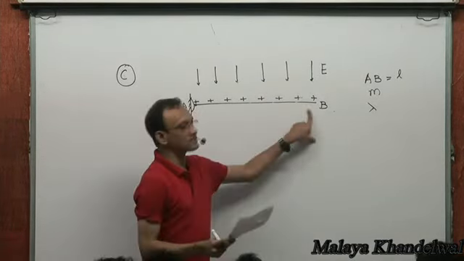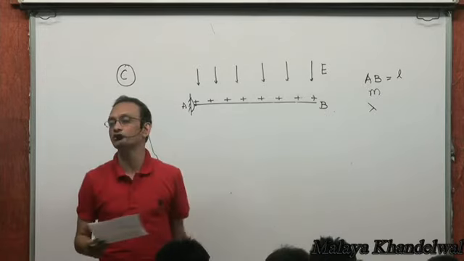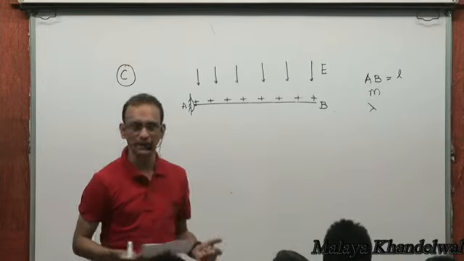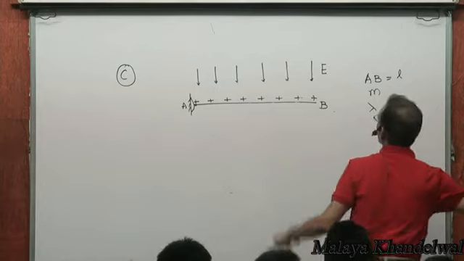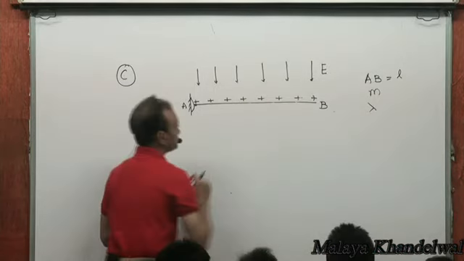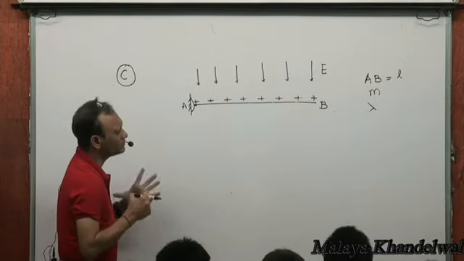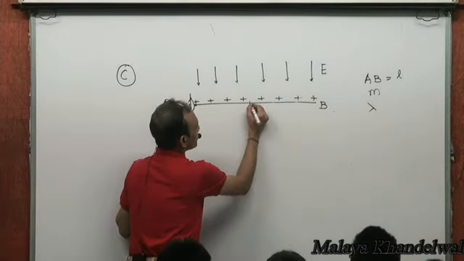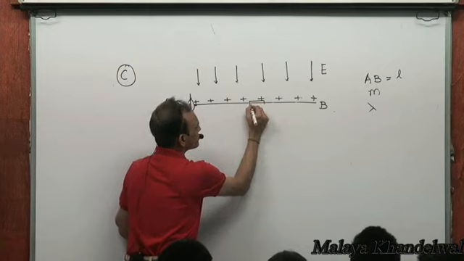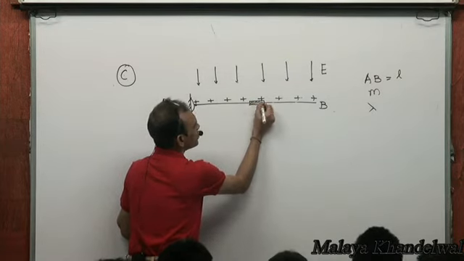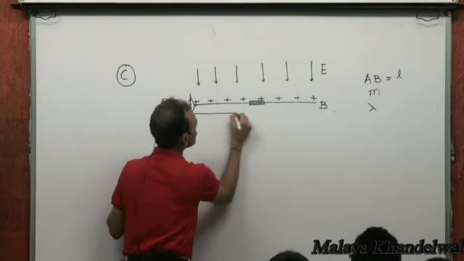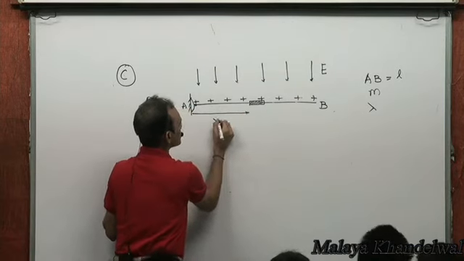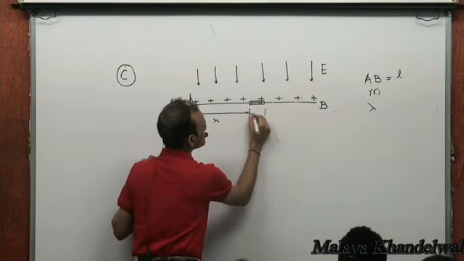We want to find the horizontal acceleration with which the rod starts to move about A. See, one thing you could do is take a small element here at a distance x, a small element of length dx.